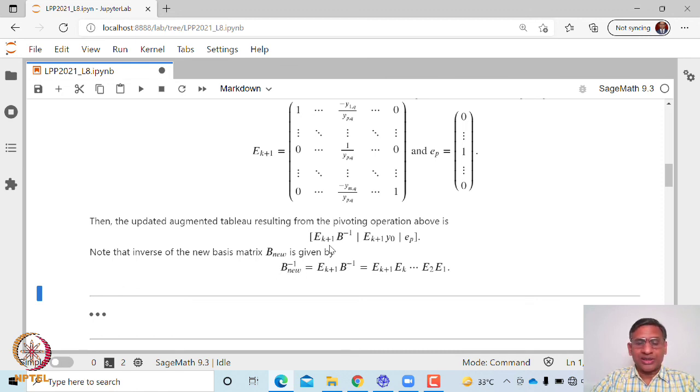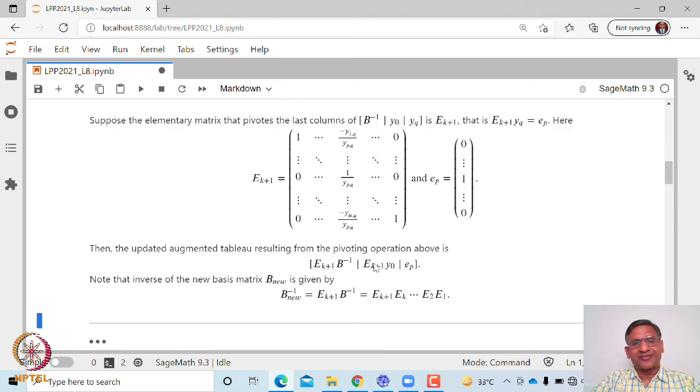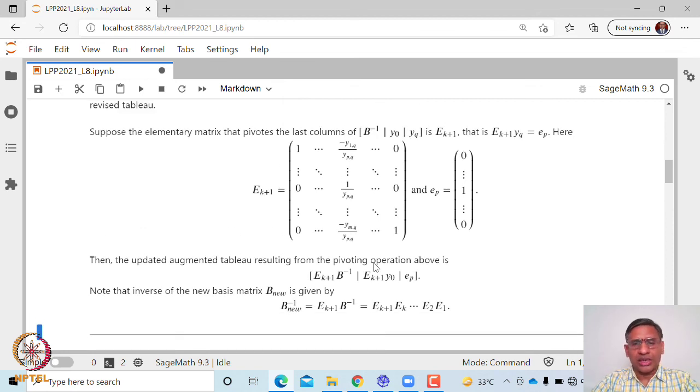Next, in this case you can see here that we have not taken into account columns m plus 1, m plus 2, dot dot dot, let us say q minus 1 and then q plus 1 up to n. So out of n minus m non-basic columns, only one of them is taken into consideration, that is the qth column, and the other one is the last column.